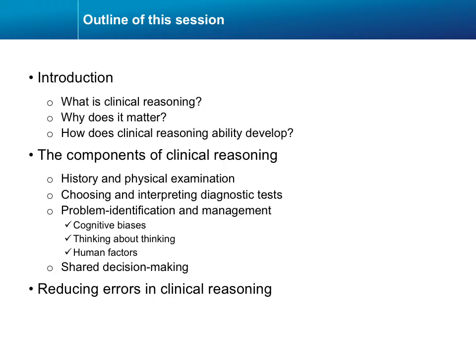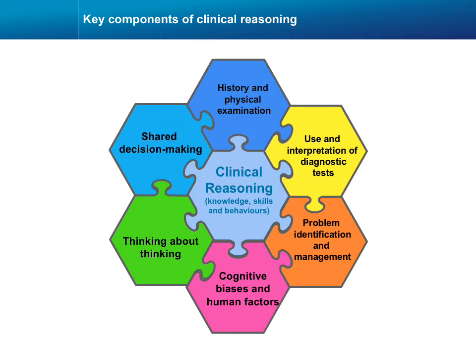And we're going to look at these different components, but through a clinical reasoning lens. In other words, what are the specific knowledge, skills and behaviours that you need to be able to make good decisions? And finally, we'll touch on ways to reduce errors in clinical reasoning in your own practice in the future. So this is a recap of what we're going to cover.